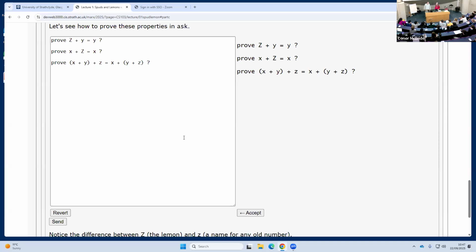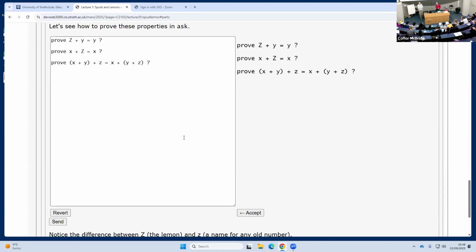I just demonstrated these three equations with potatoes and lemons. Let's see how we do it in Ask. Now you should understand that in this lecture, we just invented numbers. And then we invented adding. And now we want to check that these facts which you have known about adding for most of your lives are still true about the kind of adding we just invented.